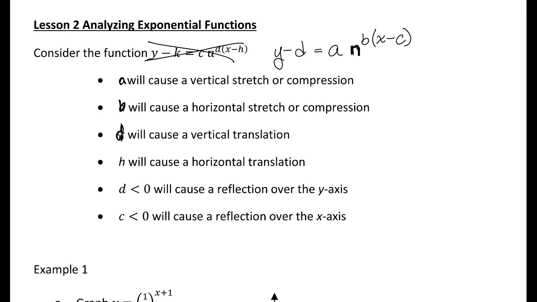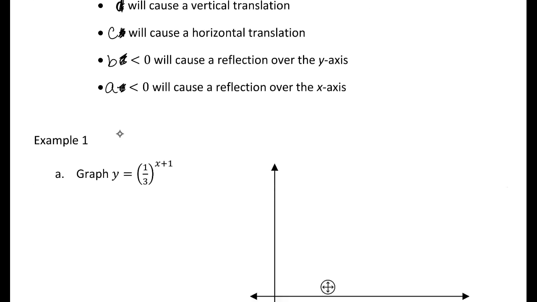And c here will be the horizontal translation. And again, you'll notice it's the opposite sign. In terms of these guys then, it is b that causes our reflection over y, and a that causes our reflection over x. So this is consistent now. Sorry about all those changes, but make those changes now, and then we can talk more consistently with our unit that we previously did on transformations.